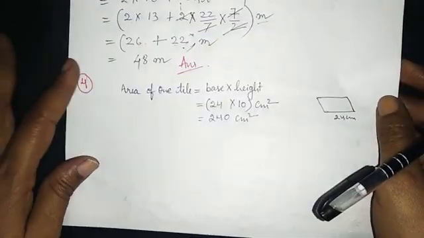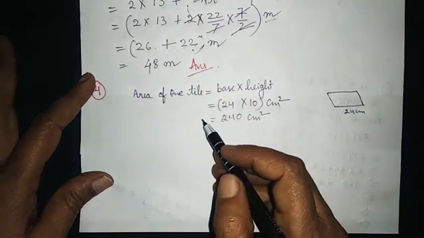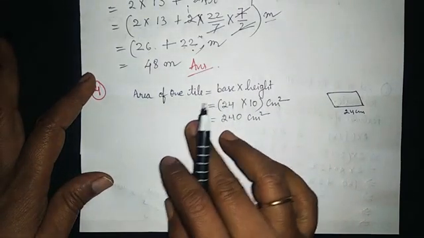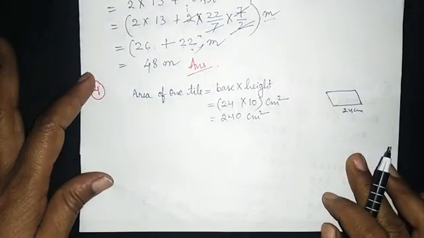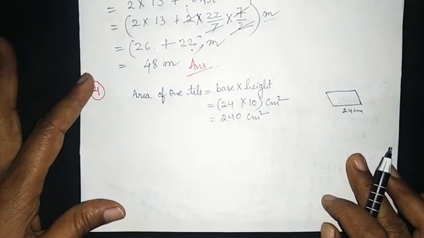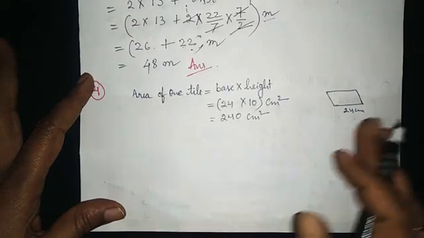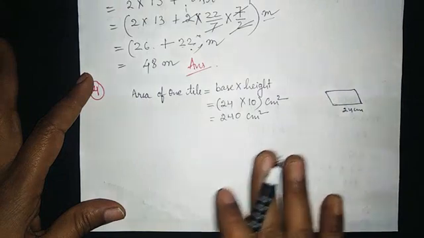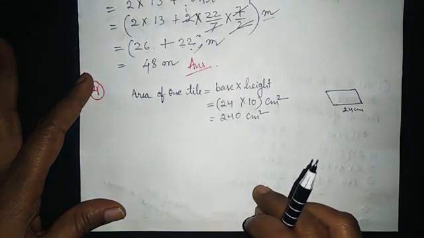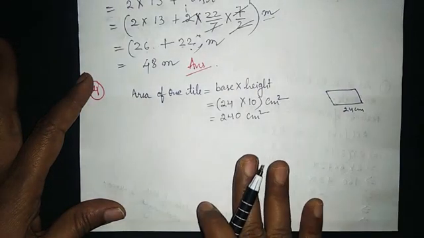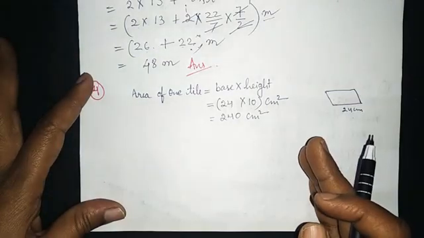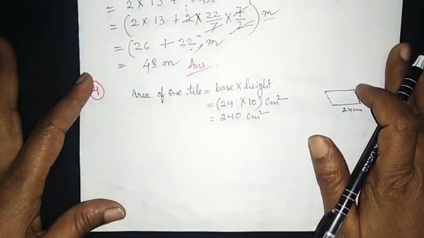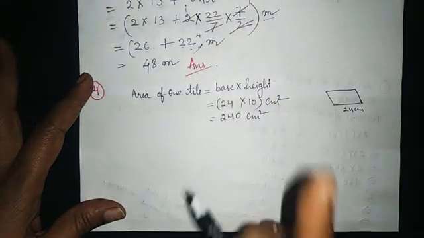Now here we have to find how many such tiles are required to cover the floor of area 1080 meter square. Here we know the total area of the floor. So to find the number of tiles required to cover the floor, what we will do? We will divide area of the floor by area of one tile.